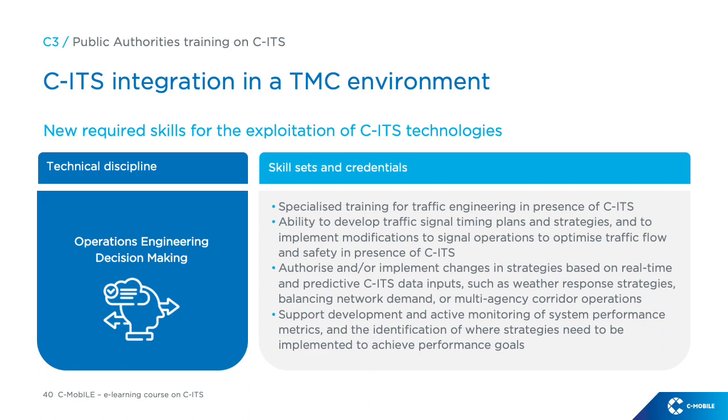The expertise needed to authorize and implement changes in strategies based on real-time and predictive CITS data inputs, such as weather response strategies, balancing network demand, or multi-agency corridor operations. Support skills for the development and active monitoring of system performance metrics, and the identification of where strategies need to be implemented to achieve performance goals.